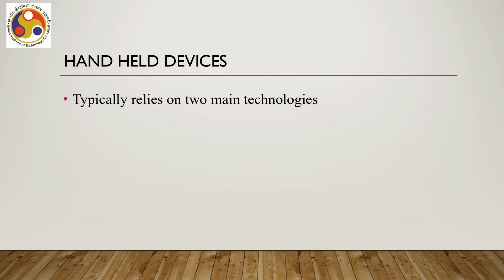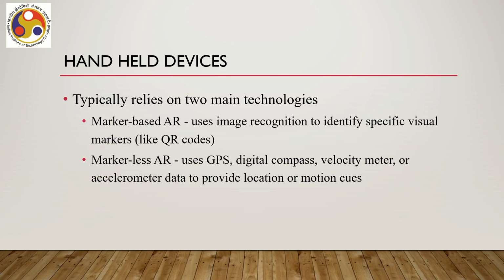We have already seen these handheld devices typically rely on two main technologies, marker based and markerless. We have talked about it earlier. Just to recap, in case of marker based AR, there are some markers placed in the real world. The system recognizes those markers through image recognition and then augments specific content where the markers are recognized.